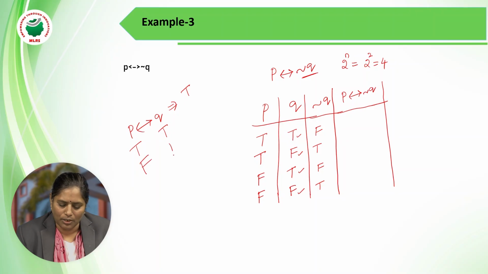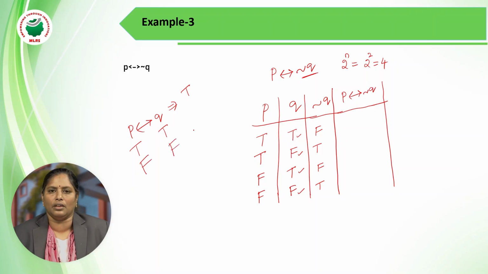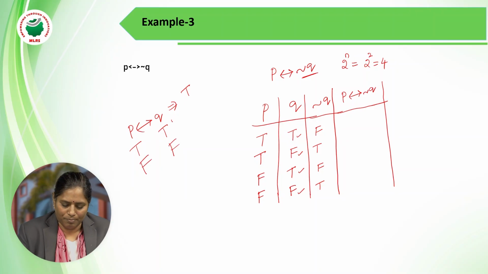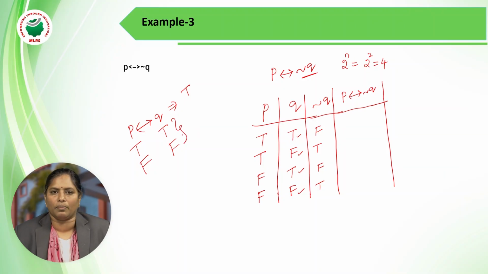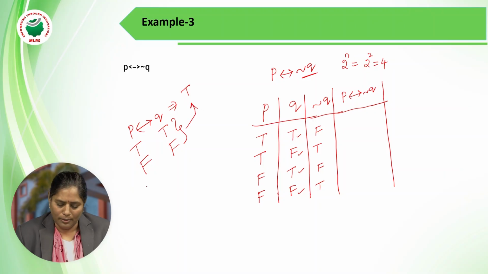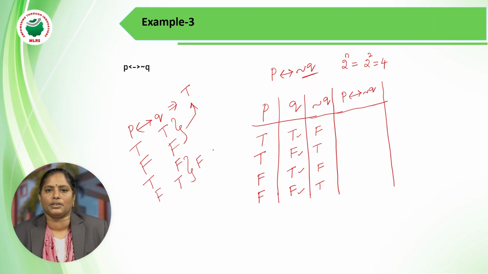If P is false and Q is false, implication gives true. If both are equal, both true or both false, implication gives true. If P is true and Q is false, or P is false and Q is true, it gives false. In the opposite condition, it gives false.